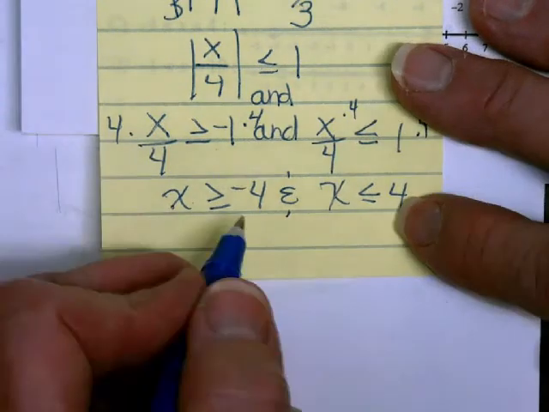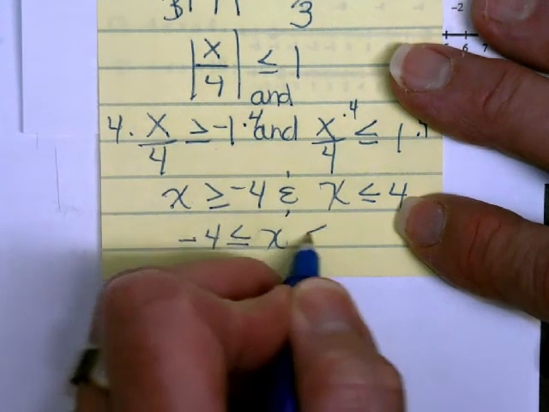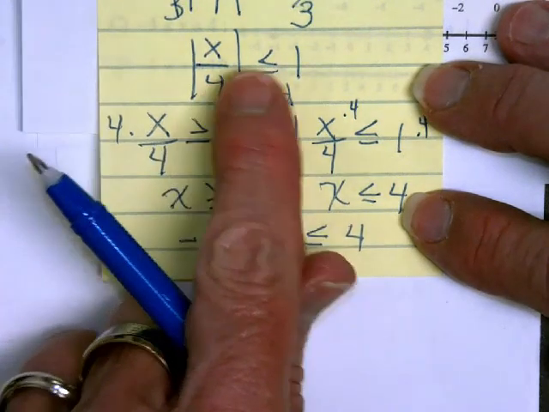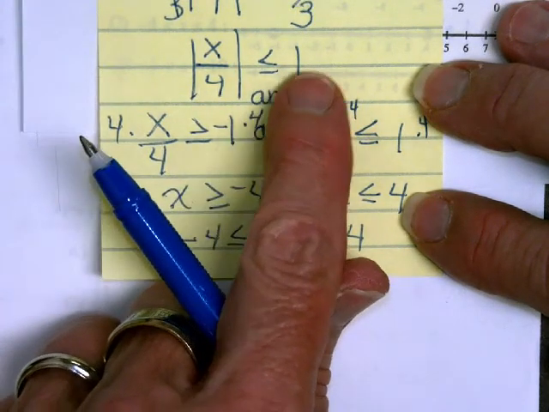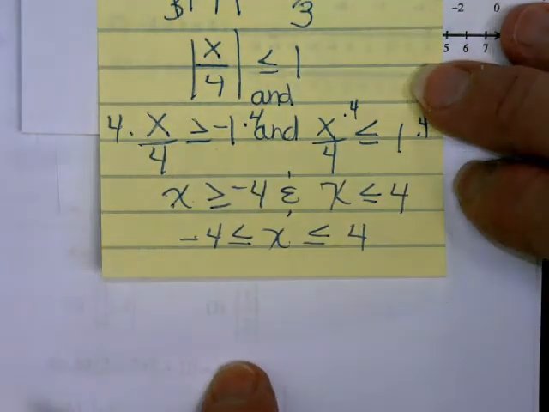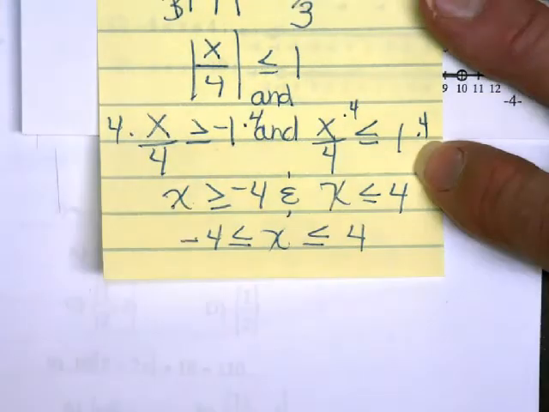What was the language? Rewrite. That's the word I used. Yep. I put the -4 first, and then X in the middle and 4. You can only do that with the and stories, guys. That was a less than. That was a positive. That's why we got to keep going.